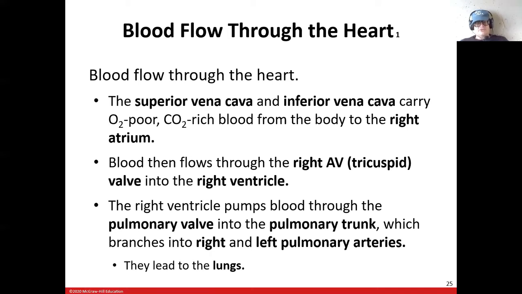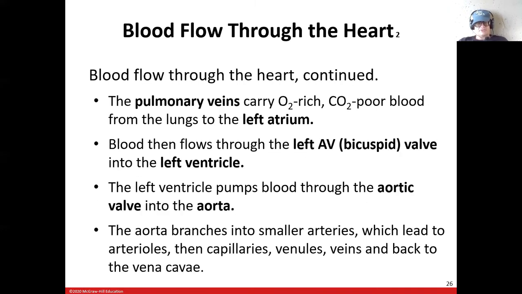Let's move on. So the oxygenated blood arrives at the left atria, goes to the bicuspid. Sorry, we were on the next slide. Goes to the bicuspid and into the left ventricle, and the left ventricle contracts. It will go through, they're calling it the aortic valve. I would call it the aortic semilunar valve, but it's the valve at the bottom of the aorta and into the aorta.